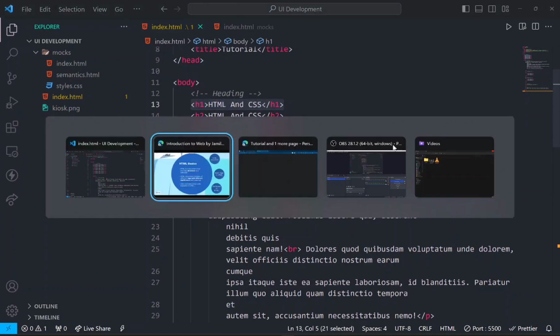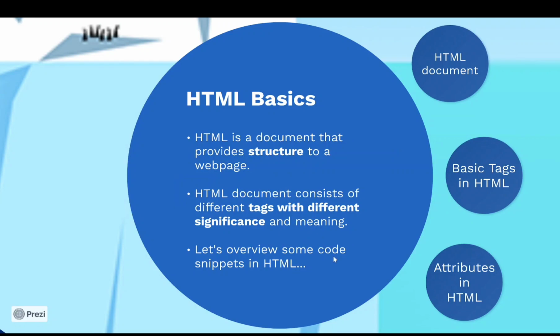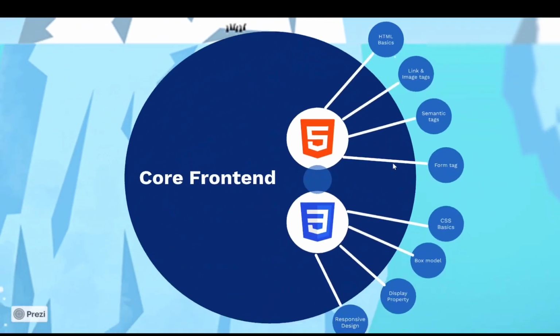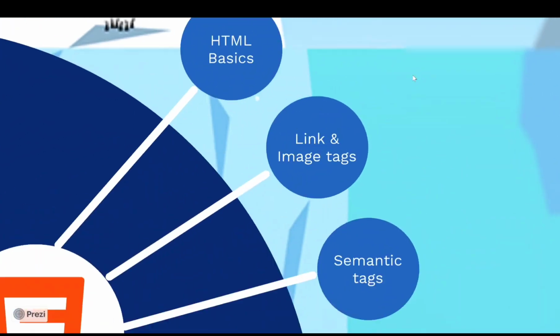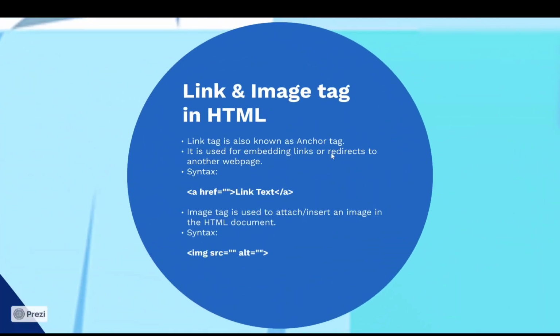All right. Coming back to the presentation now, we will move ahead and learn about link and image tags. Okay. In a hurry, I already explained the two. All right. So link tag is something that lets us link to different HTML documents. Let it be our own web page or someone else's web page, right?